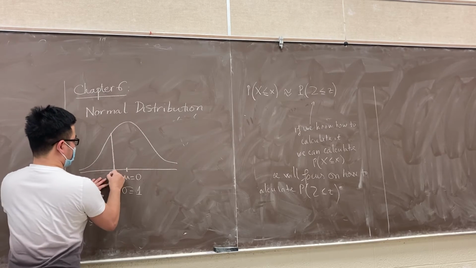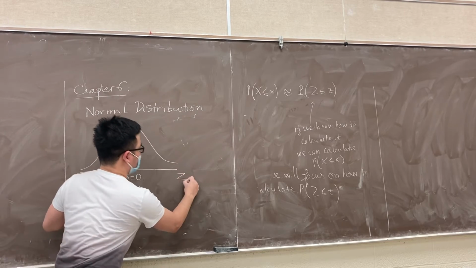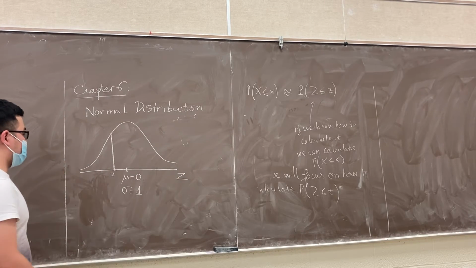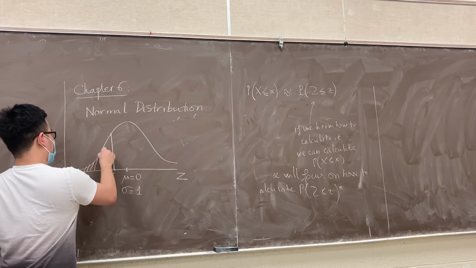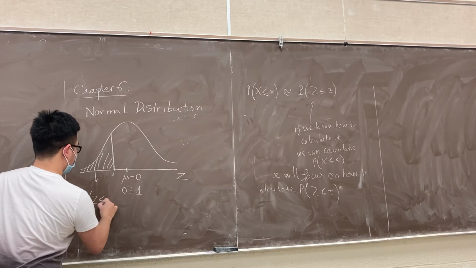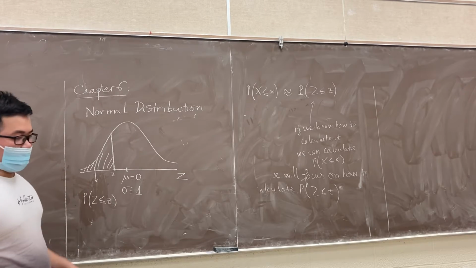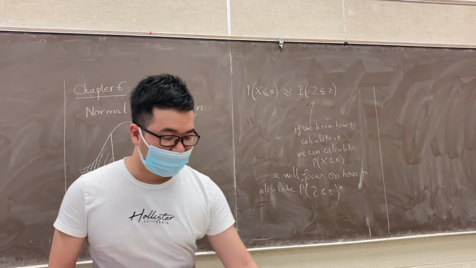For example, we have z here, the value of the variable. We have the probability of Z less than z. How to calculate this? You will use a table.